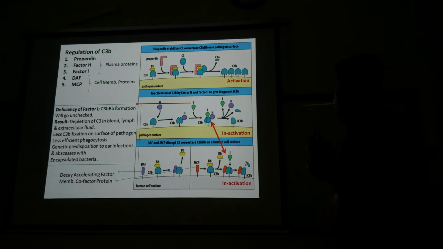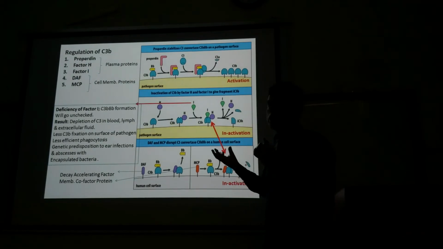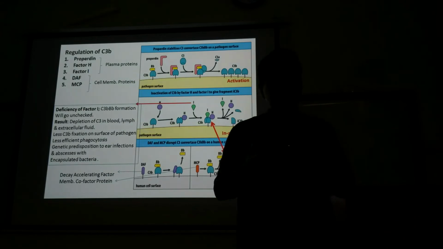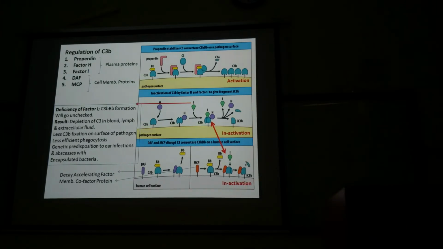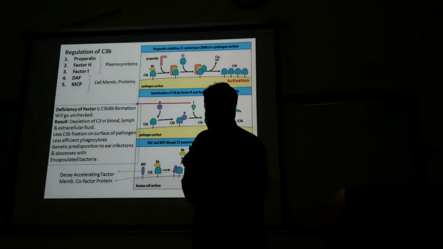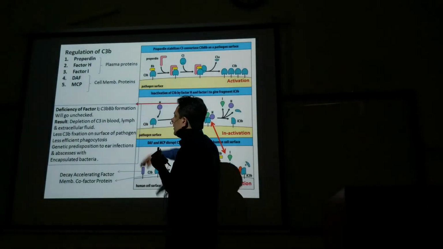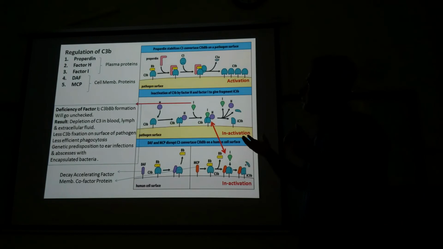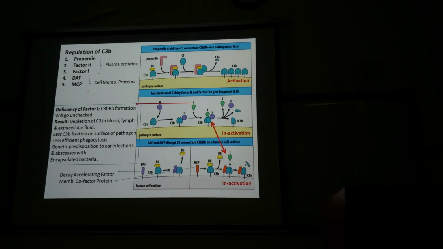If there are no C3b attached to the pathogens, even then phagocytosis takes place in case of many different kinds of bacterial species. But it is a very insufficient, inefficient process. So this lack of factor I would cause a genetic predisposition to certain infections, especially infections with encapsulated bacteria, because encapsulated bacteria have this quality that they resist phagocytosis.